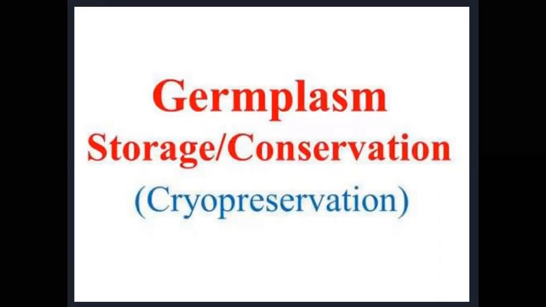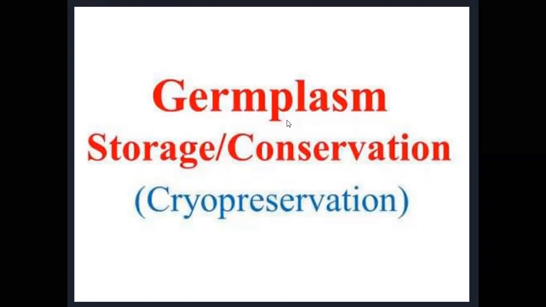At minus 196 degrees Celsius in liquid nitrogen, any germplasm, any genetic material can be stored for a long duration. So when we need that gene, the genes are isolated from the gene banks. This process is called cryopreservation.